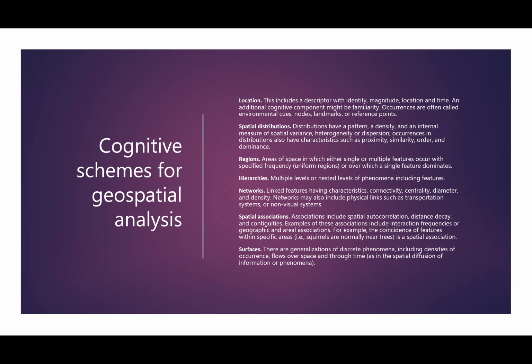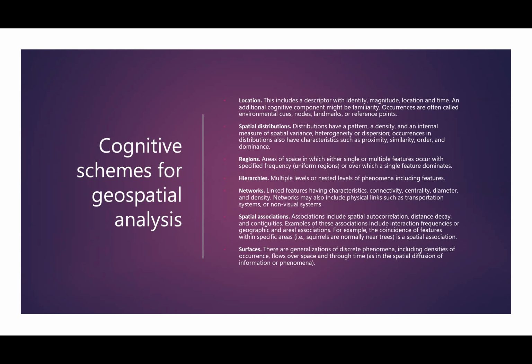Now there is regions, so getting a little bit larger in terms of scale, areas of space in which either single or multiple features occur with specified frequency within uniform regions or over which a single feature dominates. So as we're thinking about these different location spatial distributions, think about regions as a larger space in which to think about these things.